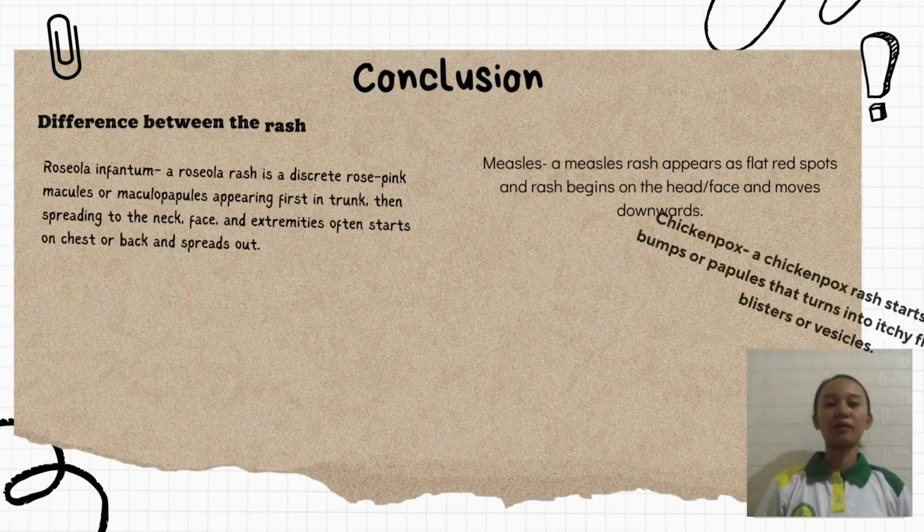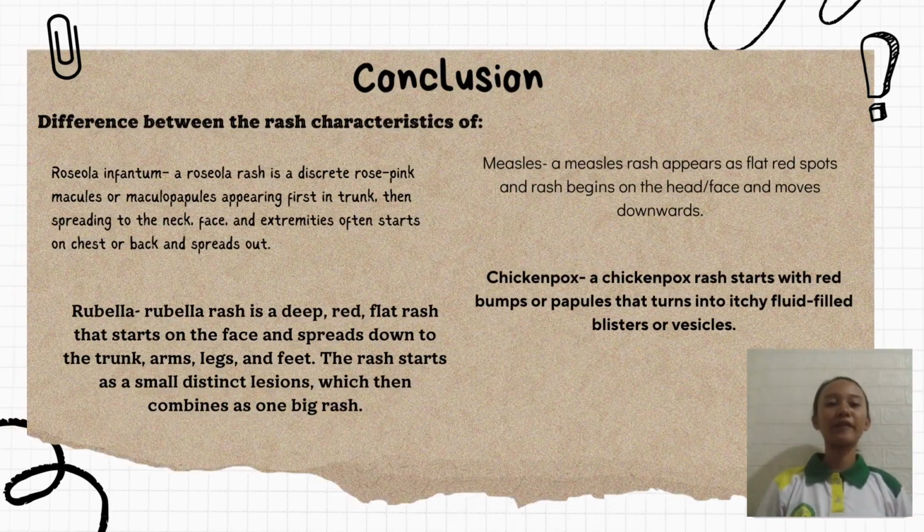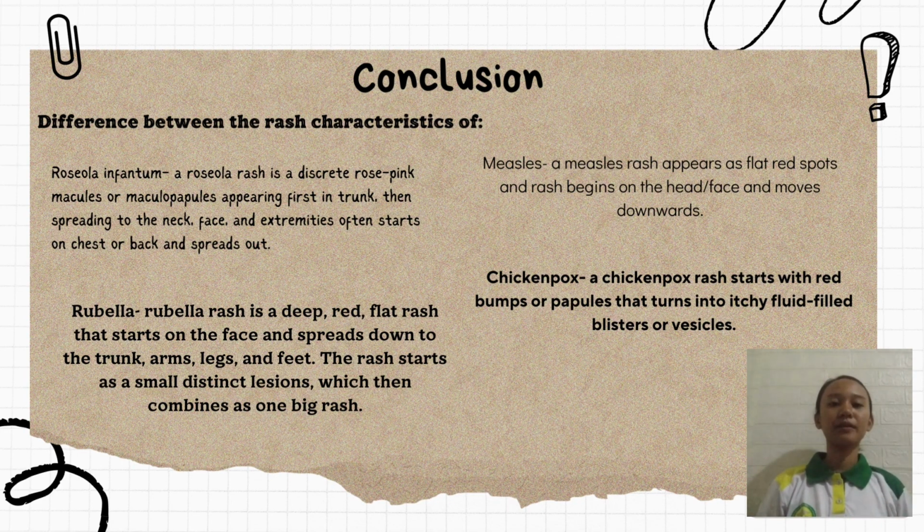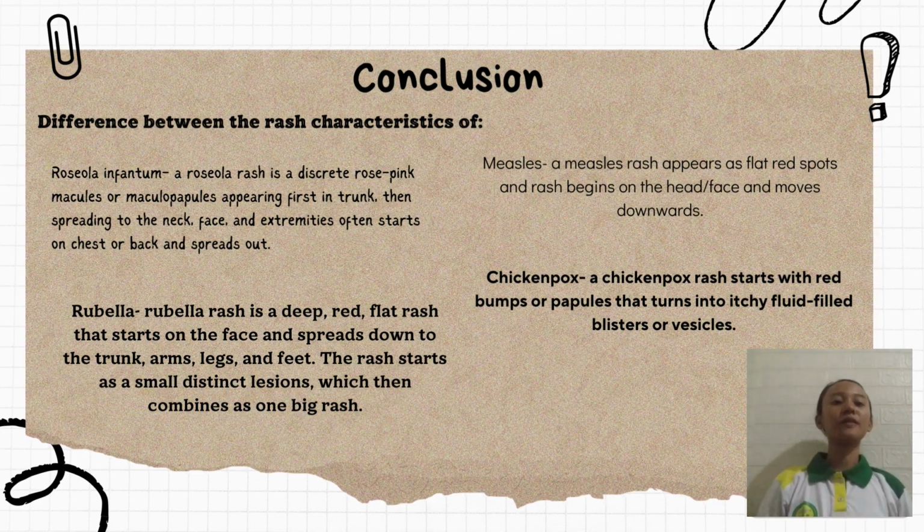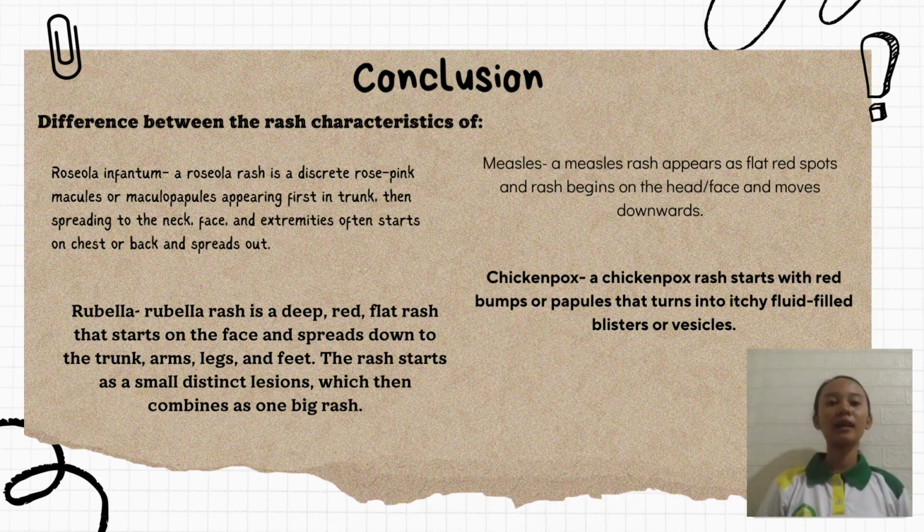And we're going to talk about the mode of transmission of these four diseases. We're going to start with the mode of transmission. Next is the mode of transmission for rubella, which is direct or droplet contact from nasopharyngeal secretions. Next is the mode of transmission for measles.